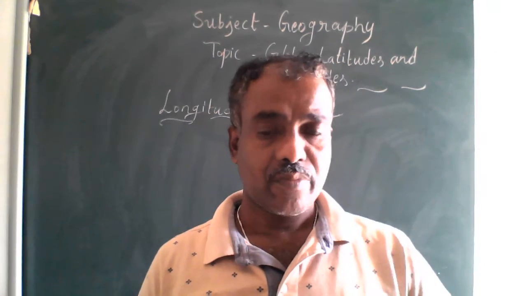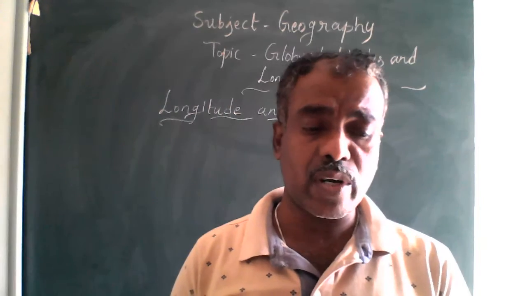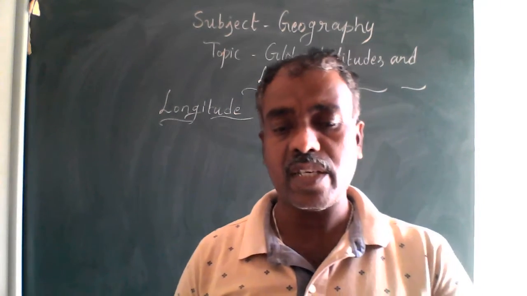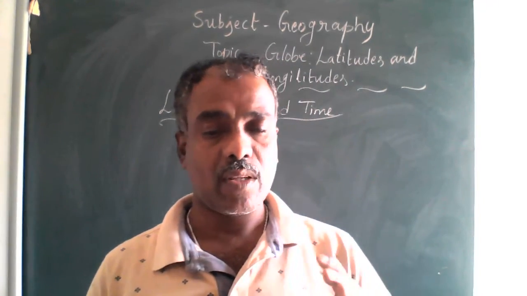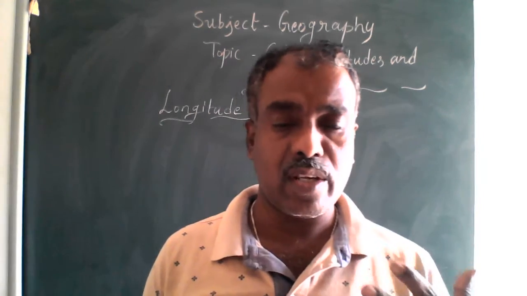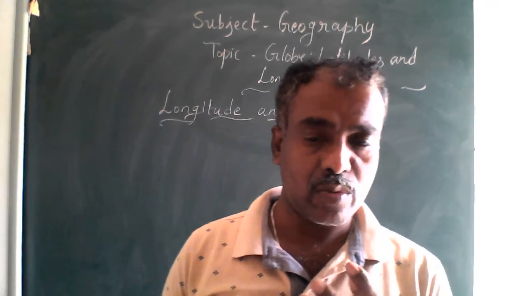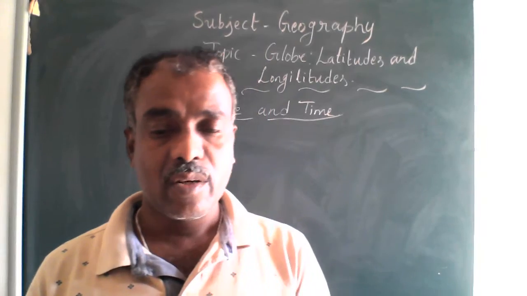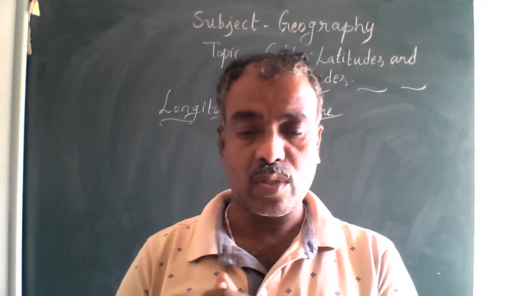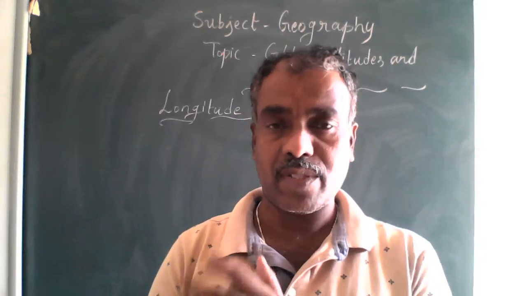Then we learned about longitudes also. Longitudes are all equal in size, and we consider 0 degree, which passes through the British Royal Observatory.